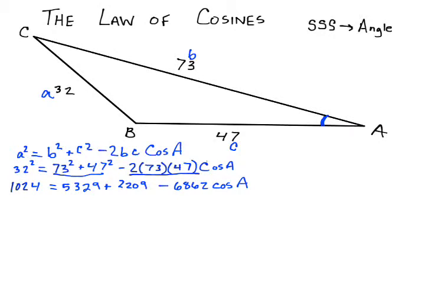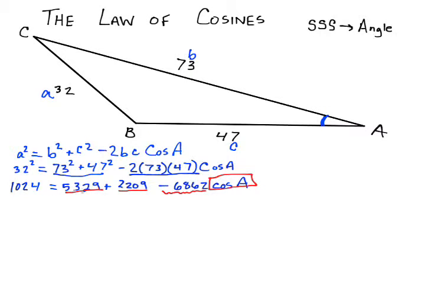Now we want to get the cosine of A, this part right here, by itself. Think of that as if it were one big old X. If I were trying to get that by itself, I'd want to get rid of this and this first, and then divide both sides by this.